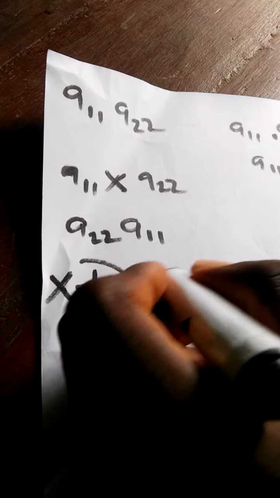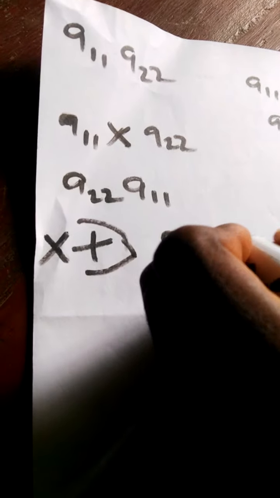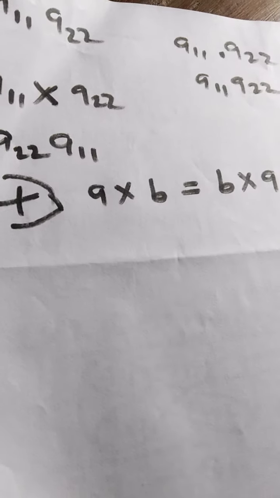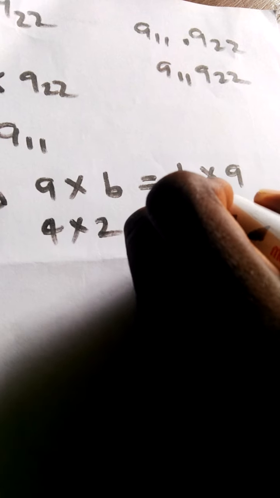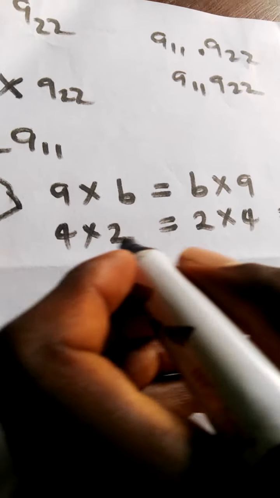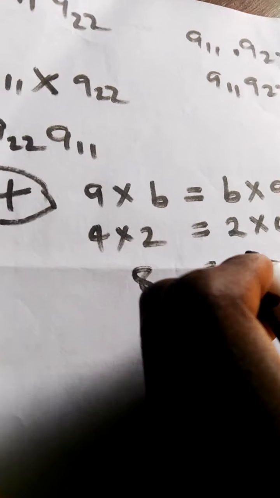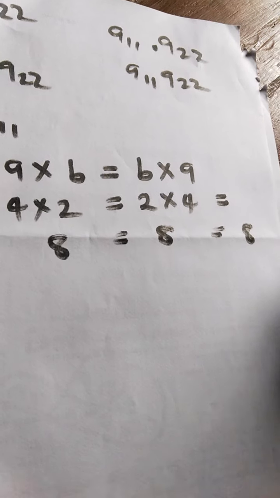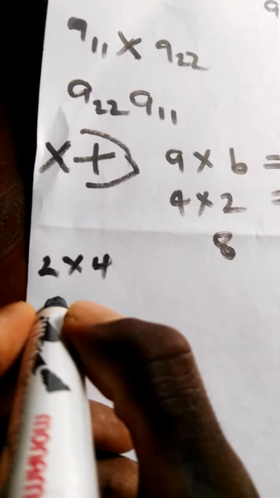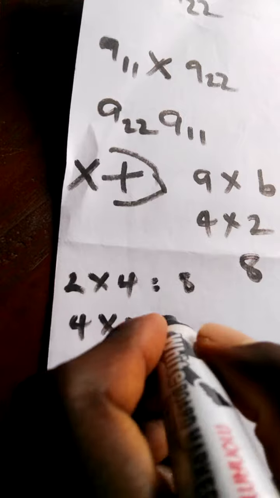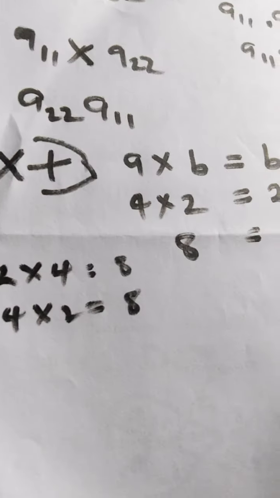If I say A times B is equal to B times A, it does not follow any pattern. Okay, 4 times 2 is also equal to 2 times 4. You will also get the same answer. You will get 8 here, you also get 8 here. So you can see it does not follow any order. Either you write 2 times 4, or you write 4 times 2, it's still equal to the same 8. So it does not follow any order.